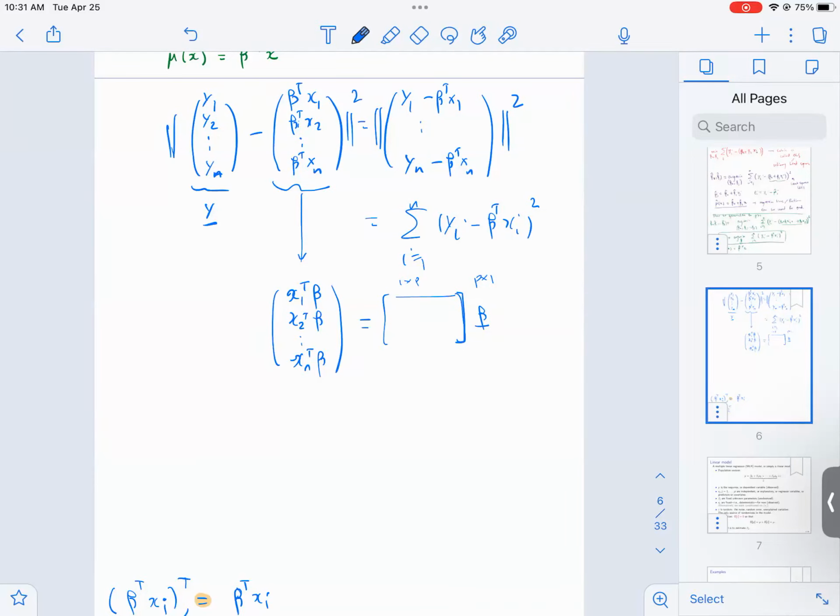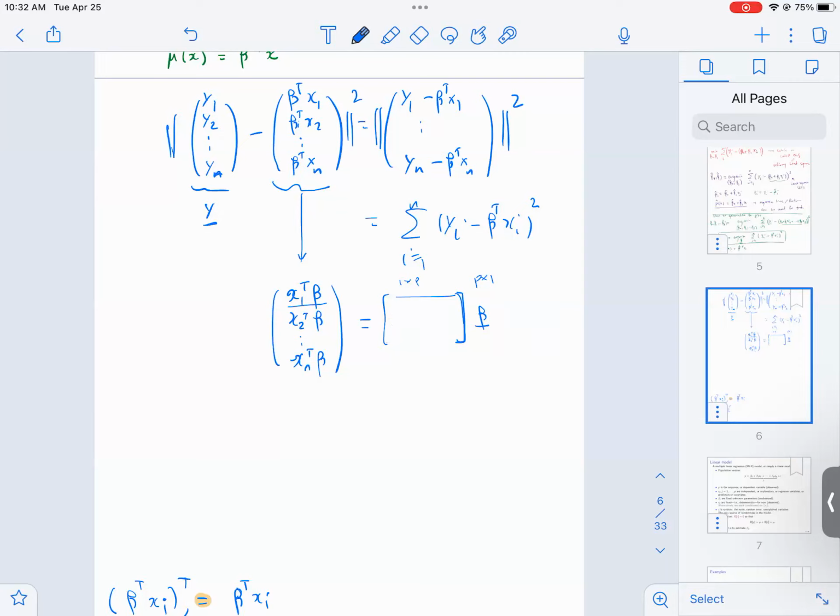Anyone know what that row should be if I want to get this as the first element? Let's follow what I wrote so far.